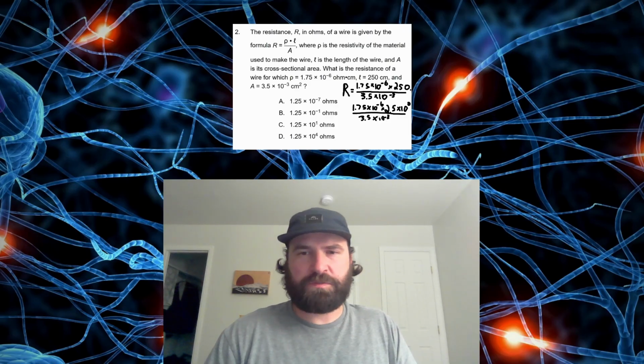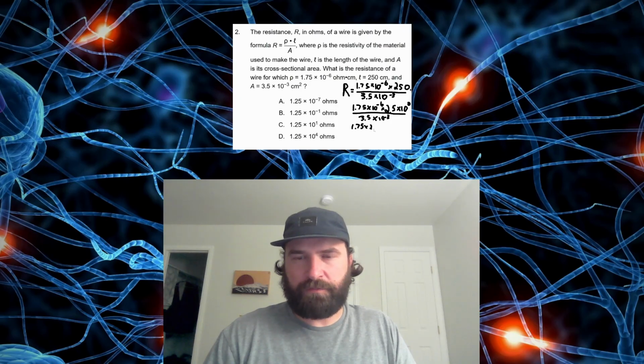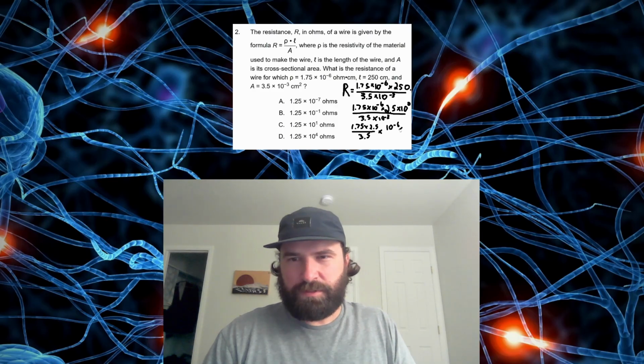So we can actually do some combining of like terms here. We can make 2 separate fractions. This is something we can do mathematically, is write these separately. So we can do 1.75 times 2.5 divided by 3.5, multiplied by the fraction of the tens. We get 10 to the negative 6th times 10 squared divided by 10 to the negative 3rd.